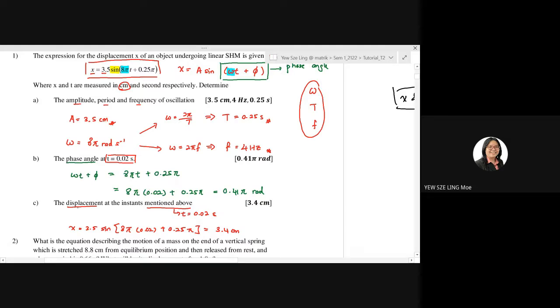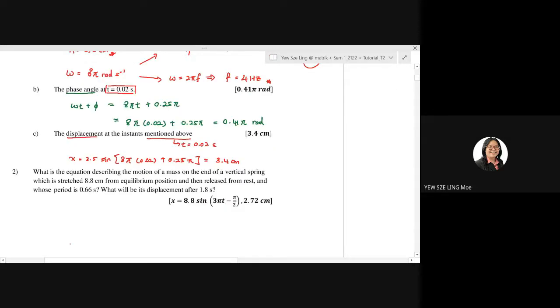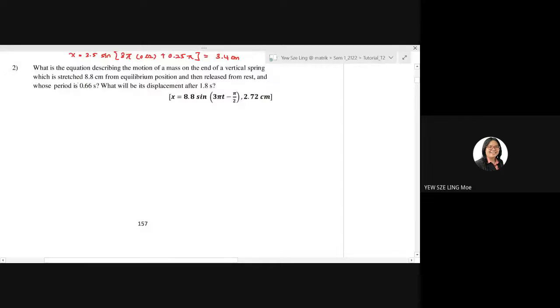Okay, let's go to the next question. What is the equation describing the simple harmonic motion of a mass on the end of a vertical spring which is stretched 8.8 cm from equilibrium position and then released from rest, and whose period is 0.66 second? What is the displacement after 1.8 second?